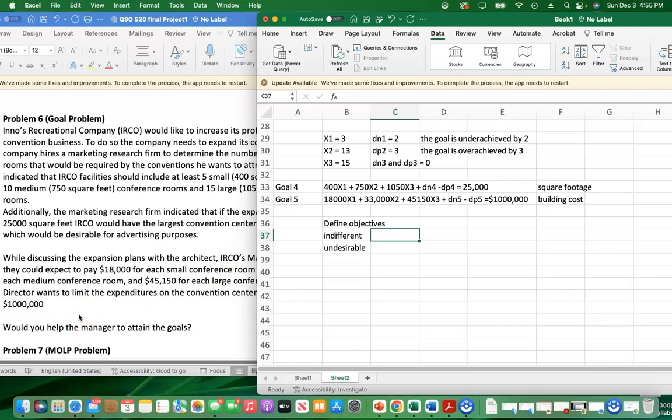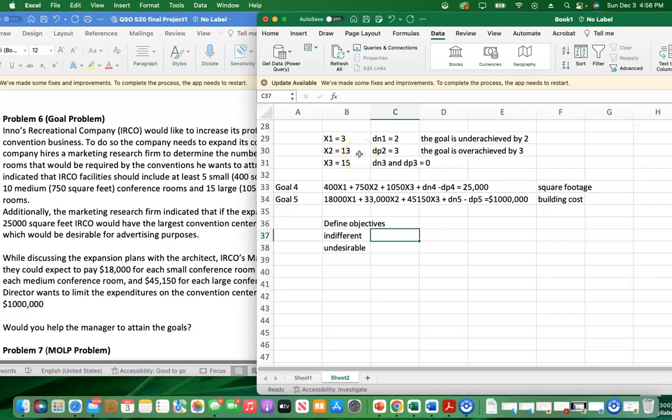So the outcome can be indifferent, meaning that it is not negative or it is not of a concern. Take an example of X2, which is the medium rooms. The company was expecting to get 10. However, it gets 13.